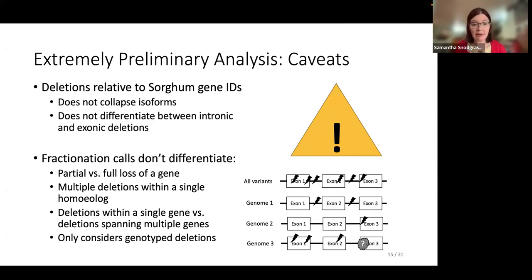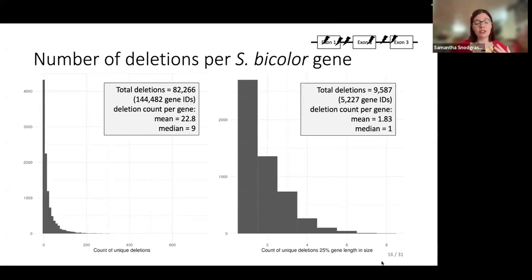So with all of that in mind, let's talk about what we found. So the number of deletions per sorghum gene ID, when we're looking at all of them, remember, we've got about 82,000 total deletions. We're not collapsing across isoforms. You get a pretty large number of deletions, about a median of 9 deletions per gene ID, and about 22.8 as the mean.